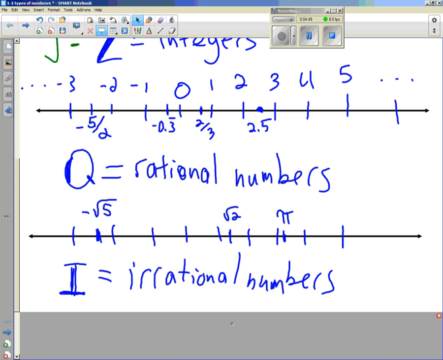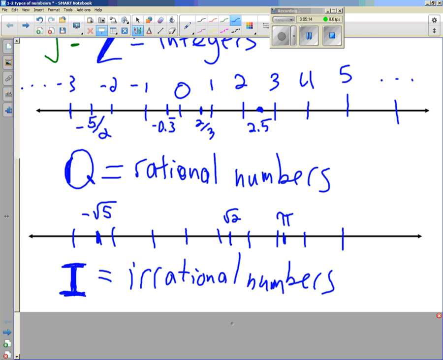Some of these, actually, it's kind of hard to prove that the square root of 2 is irrational, that pi is irrational, that the square root of 5, well, negative, is irrational. It's not easy to show necessarily. The symbol for irrational numbers is I.